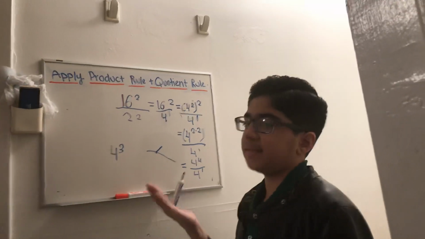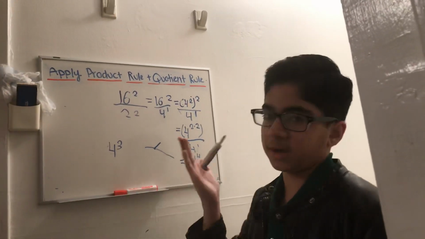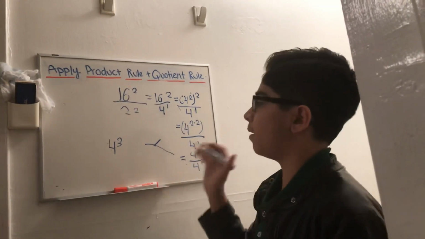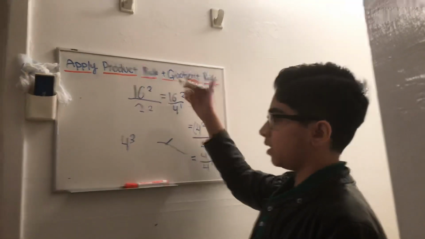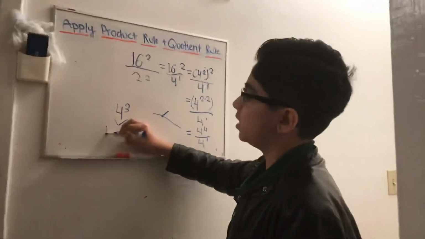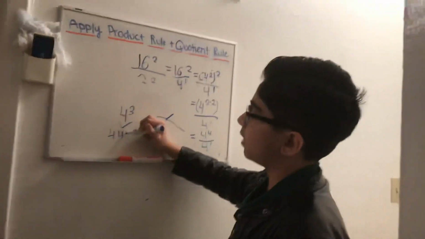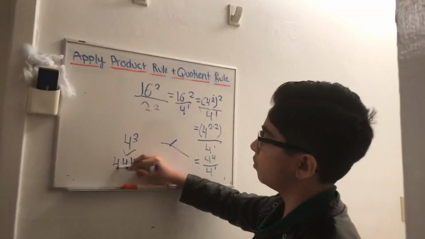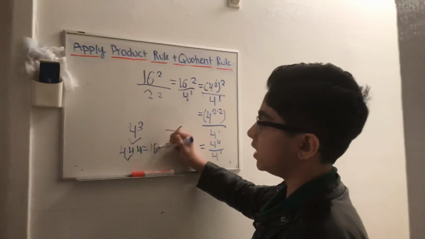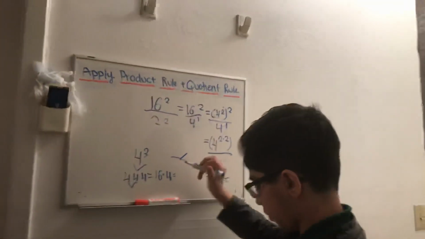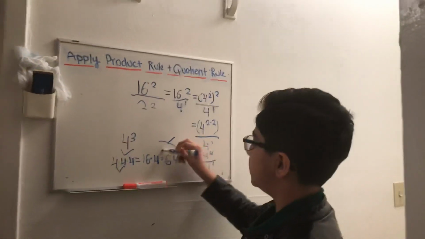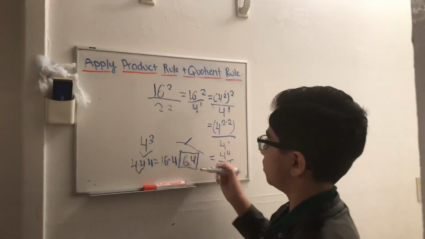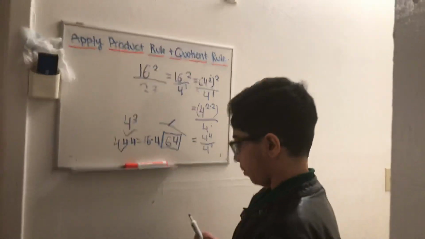You can keep it as a base and exponent, but I chose to make it more in extended form. So essentially this would mean 4 times 4 times 4, which equals 16 times 4, which will equal 64. And this is your final answer for this problem.